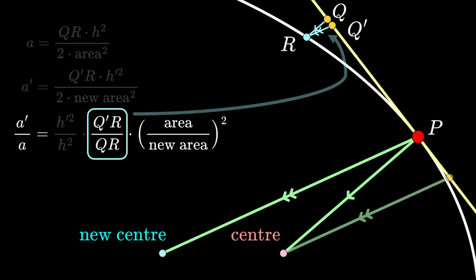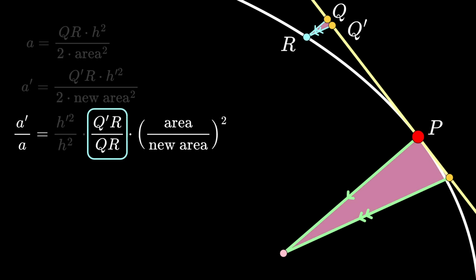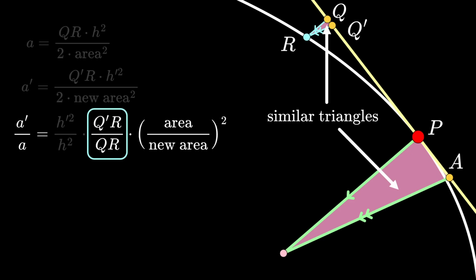We additionally draw a line parallel to that joining P and the new center. Now it is easier to see that because of those parallel lines, the two triangles are similar. So if we call this new point A and the original center S, then the similar triangles mean that the ratio Q'R to QR is AS to PS.